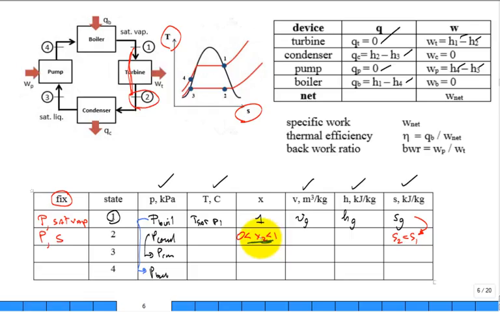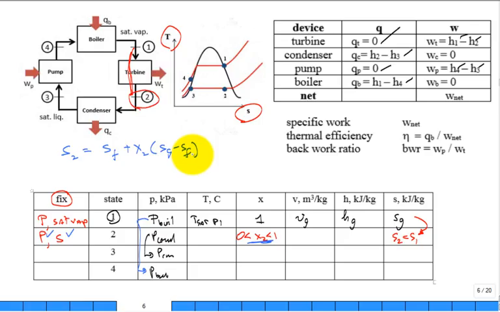There's going to be a TS diagram on the next slide that's actually real data for water. And so the length of the lines do work as a visual measure of the quality. So how would I actually physically calculate the quality at state 2 knowing entropy and pressure? We recall that the S at state 2 is equal to S of F plus the quality of state 2, S of G minus S of F. Is that a good equation?